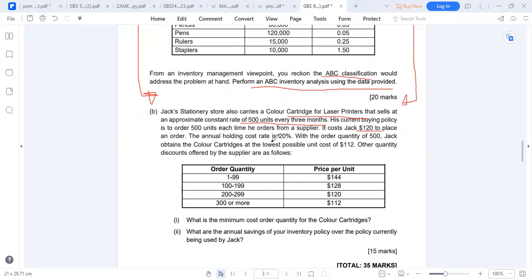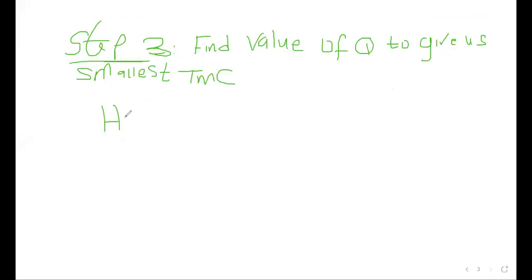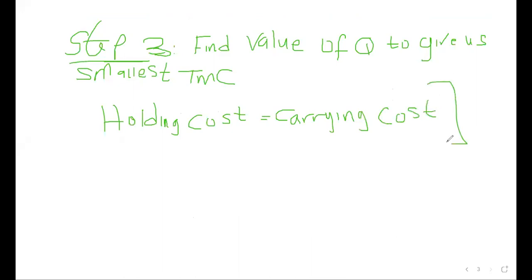Then the holding cost was 20%. Holding cost is the same as carrying cost. The holding cost and carrying cost are one and the same thing.